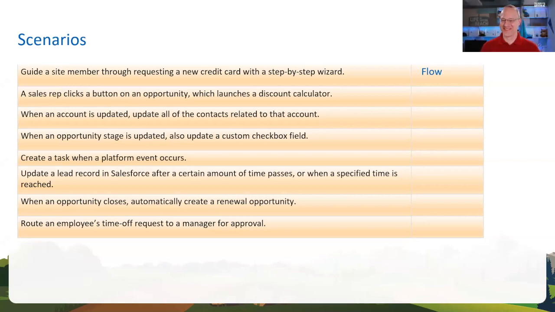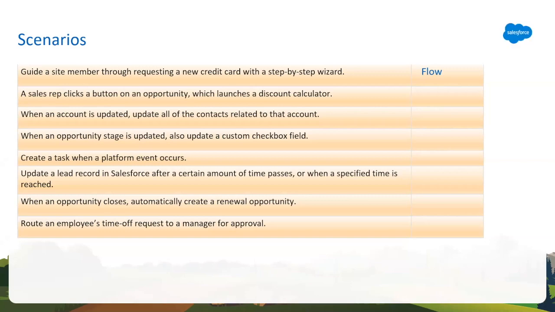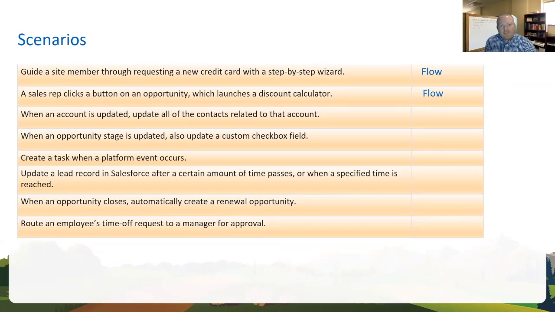Me too. Is that part of this or not? The discount calculator, would that be the flow? That's what I'm thinking. Process Builder would trigger the flow. Yeah, I was caught on the clicking a button. Right, Process Builder would launch a flow, but do it all within a flow.